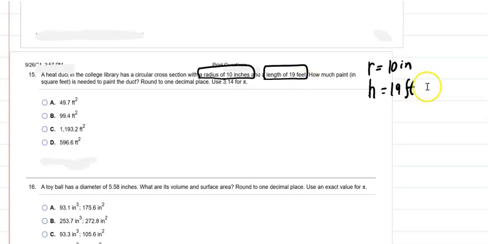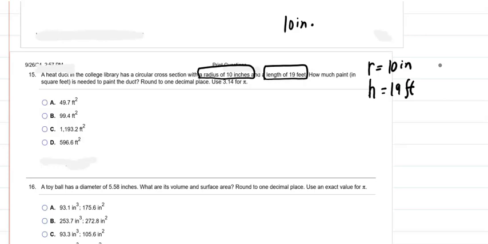I'm looking for how much paint in square feet, because you're looking for square feet as a unit, so I need to change inches to feet. So 10 inches is going to be how much feet? That's what we're going to find.